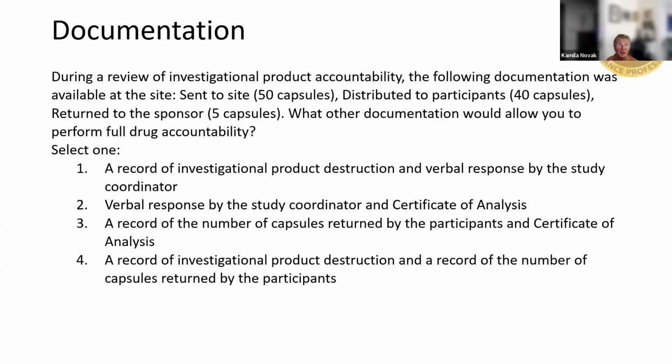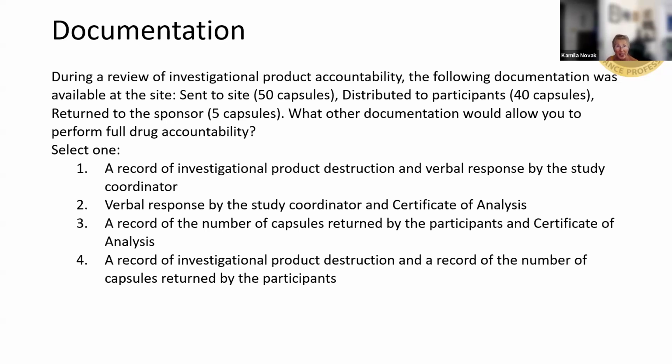Mm-hmm. Because from this, we do not know the rules for the return. Meaning, is it only intact package? And what kind of product it is? Because if, for example, we think about chemotherapy, then if the packaging has been open, even if it hasn't been administered, that packaging is not going to be kept and returned because it's a toxic substance.